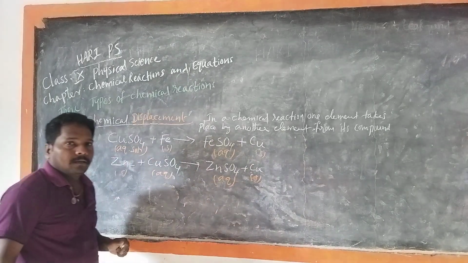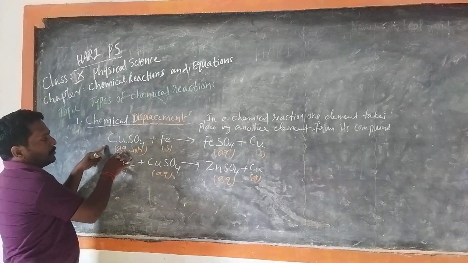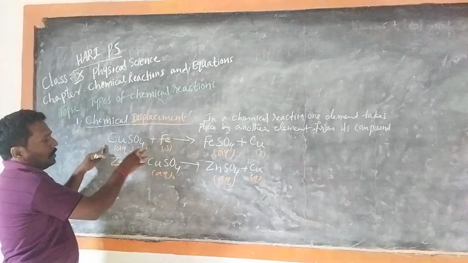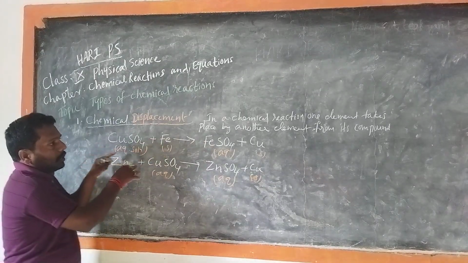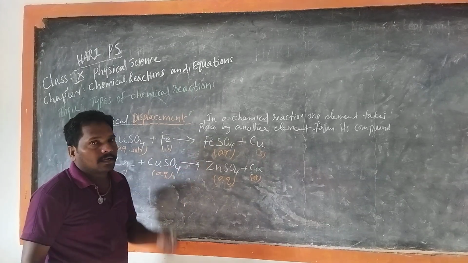Observe these reactions. The copper sulfate solution is a compound. When we add iron to the copper sulfate solution, after the reaction it forms iron sulfate and copper.